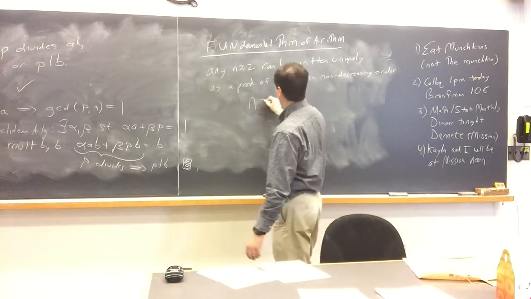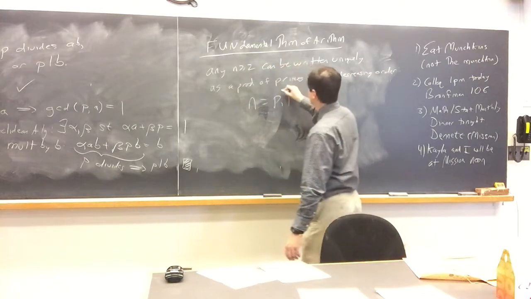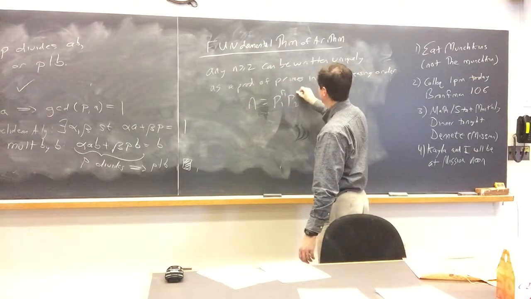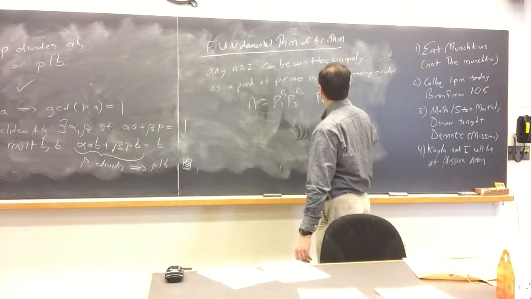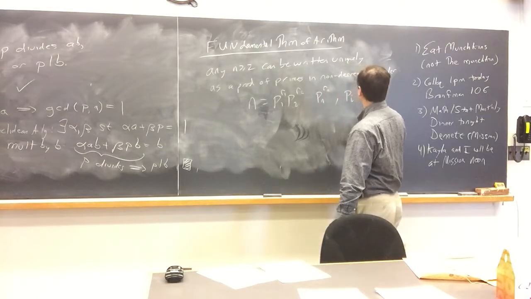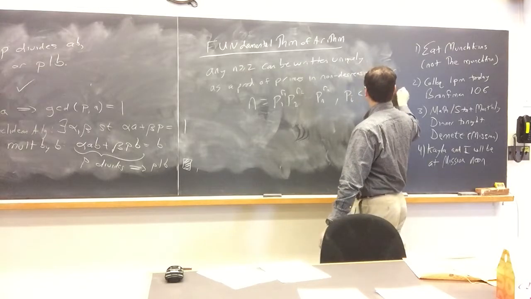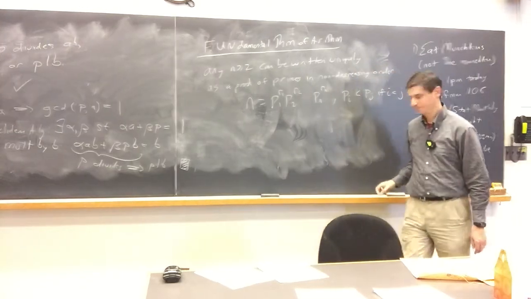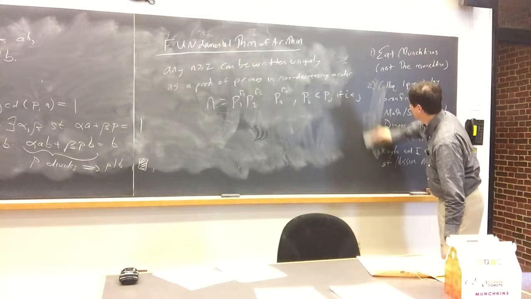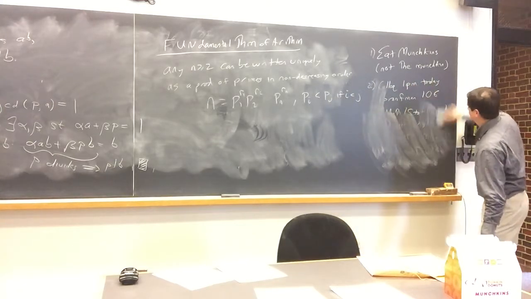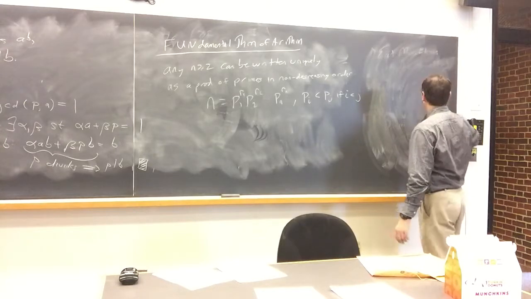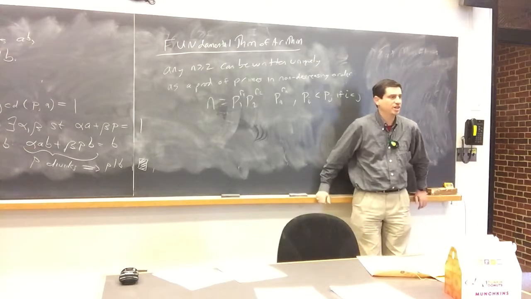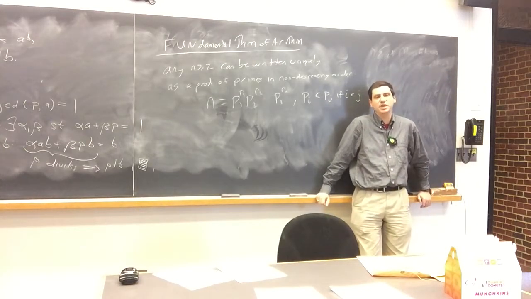So I can write n as p1 to the r1, p2 to the r2, dot dot dot, pn to the rn, where pi is less than pj if i is less than j. If I didn't force the primes to be in non-decreasing order, I could just reorder the factors, and it's not really interesting. I don't want to consider 2 times 3 times 2 different than 2 times 2 times 3.